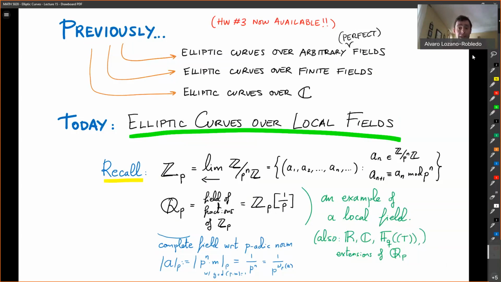Anyway, Q_p is complete with respect to that metric, just like the reals are complete with respect to the Euclidean metric. And that allows for what we're going to do in a moment.